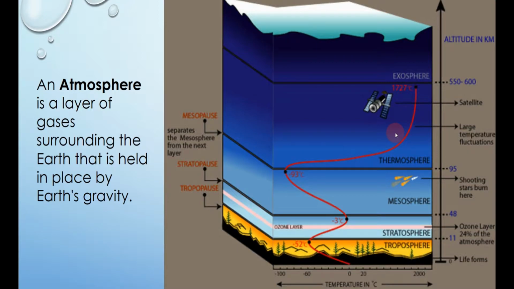So if you're familiar with aurora or the northern lights and southern lights, mostly ditong layer siya nag-occur. And above thermosphere is the exosphere. The exosphere contains mainly oxygen and hydrogen atoms that rarely collide. And it reaches up to around 500 to 600 kilometers above the troposphere.